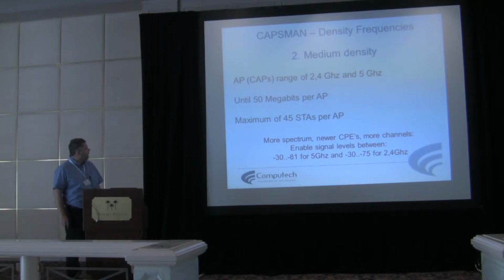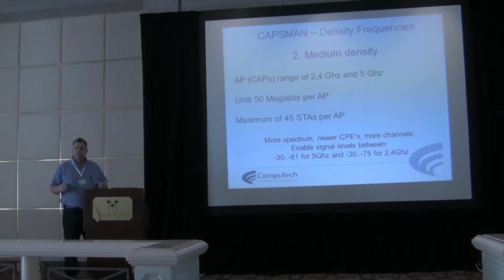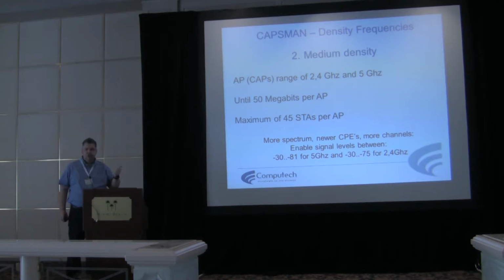Let's do the next. When I have more users, more need of bandwidth, we need to think about medium density. For me, medium density today is the best way we can do it, for the budget factor and facility to implement. The APs now are 2.4 and 5 gigahertz.